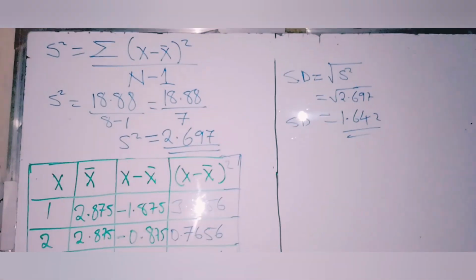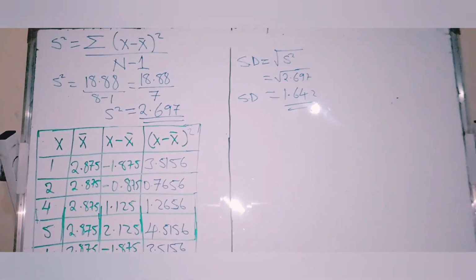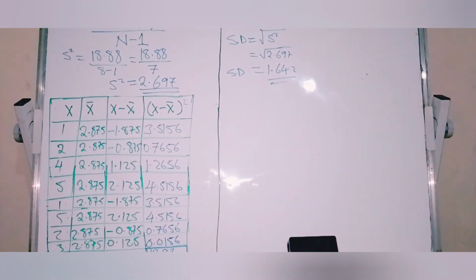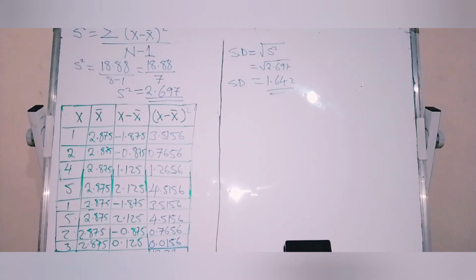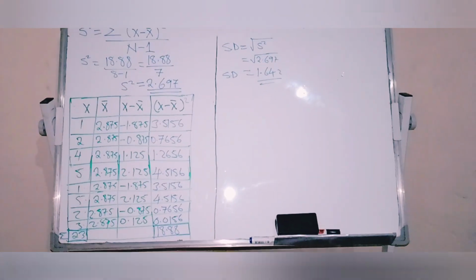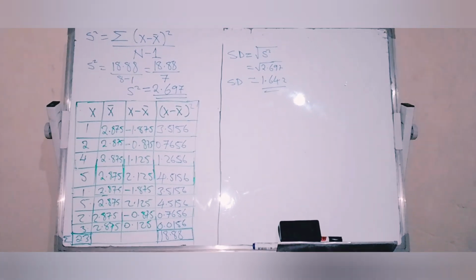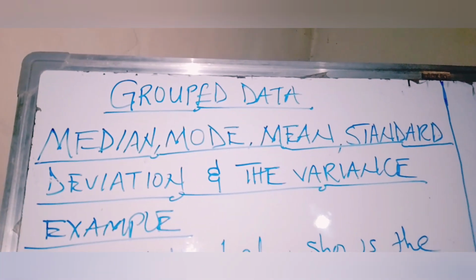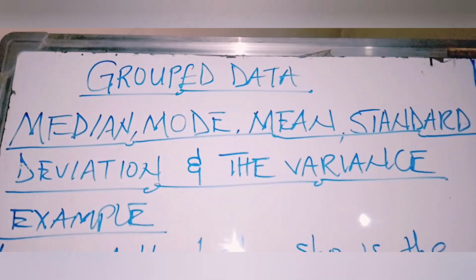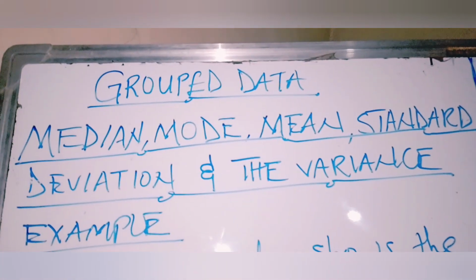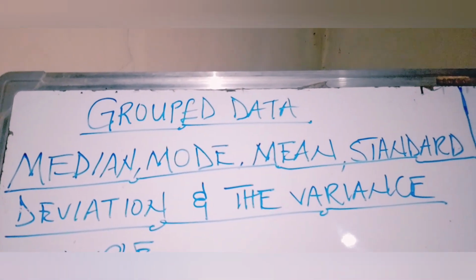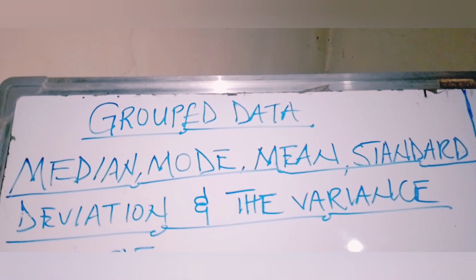Hope everything is clear. You are able to see everything. If everything is clear, then we have to move on to the grouped data. So we are talking about grouped data.